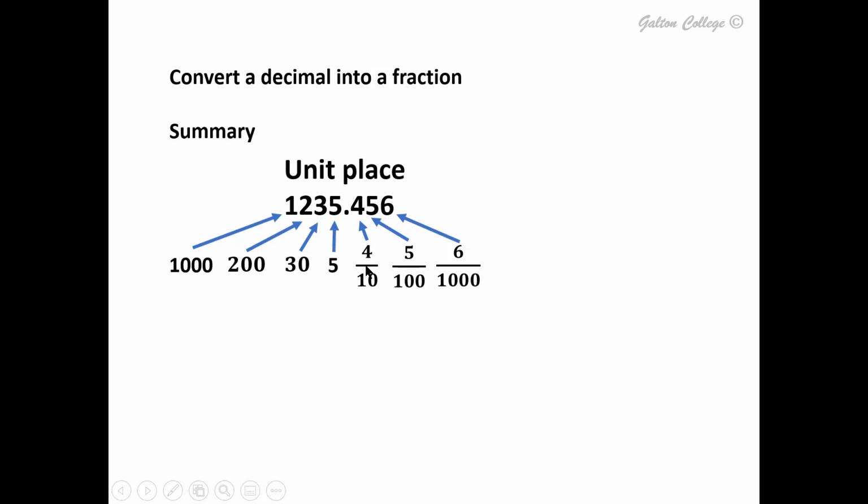That's 4 over 10, 5 over 100, and 6 over 1,000. So if we get any number which has a decimal, we know how to write them down. We know what each number means. These are the thousands column, the hundreds column, the tens, the units. These are the 1/10ths, 100th, and 1,000th.